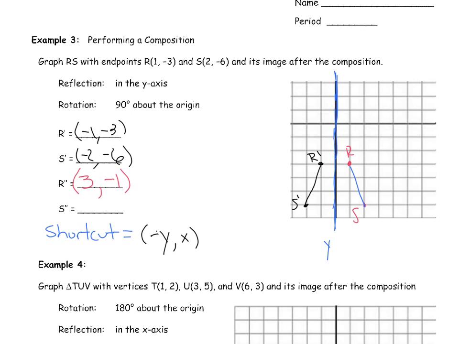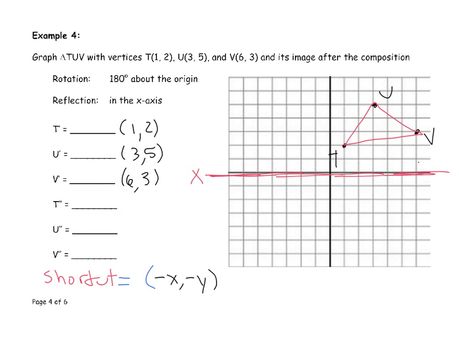So our R double prime is 3, negative 1, and then S double prime, we'd end up with 6, negative 2. So let's go ahead and graph that. After graphing it, this right here is where our final answer will be.